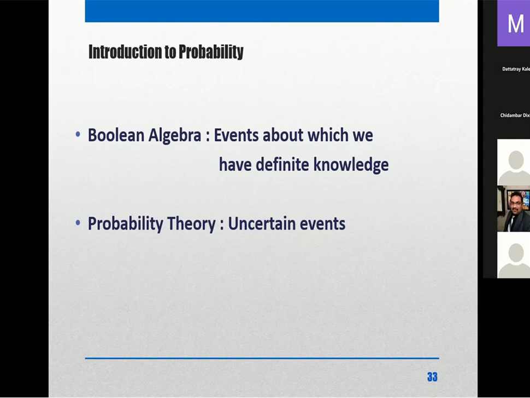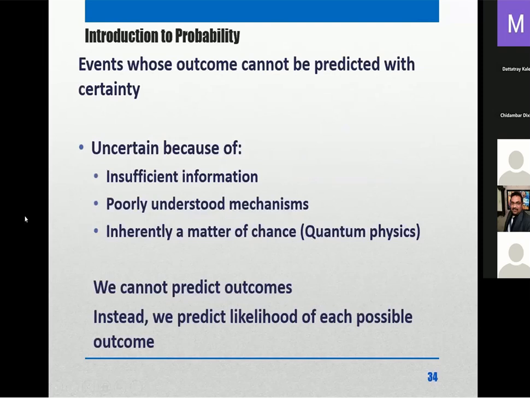An event A might not occur in future, but we often know how likely A is to occur and conversely how likely A is not to occur. So these are events whose outcome cannot be predicted with certainty.